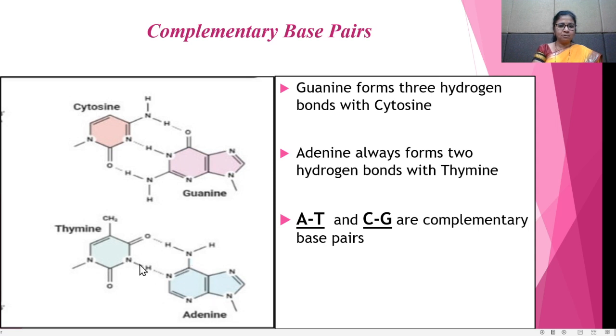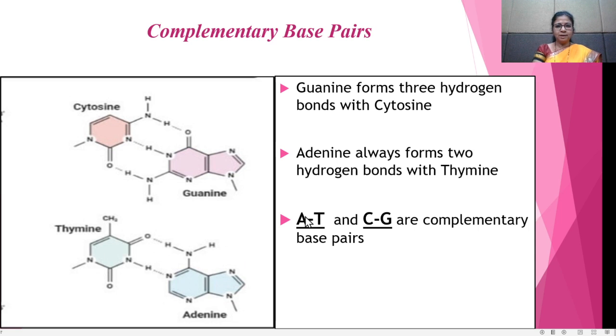Adenine always forms 2 hydrogen bonds with thymine, and therefore adenine and thymine are a complementary base pair. Guanine and cytosine are a complementary base pair having 3 hydrogen bonds, and thymine and adenine form 2 hydrogen bonds.